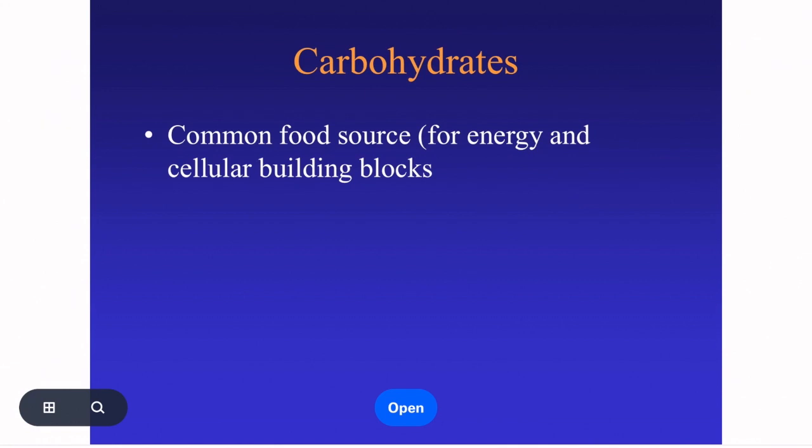Okay, sugars are carbohydrates, right? There are complex carbohydrates and simple sugars, but they're all still carbohydrates. Common food source. Sometimes we think of them as quick energy, not long-term storage of energy. That would be for lipids, but quick energy, common food source, carbs.